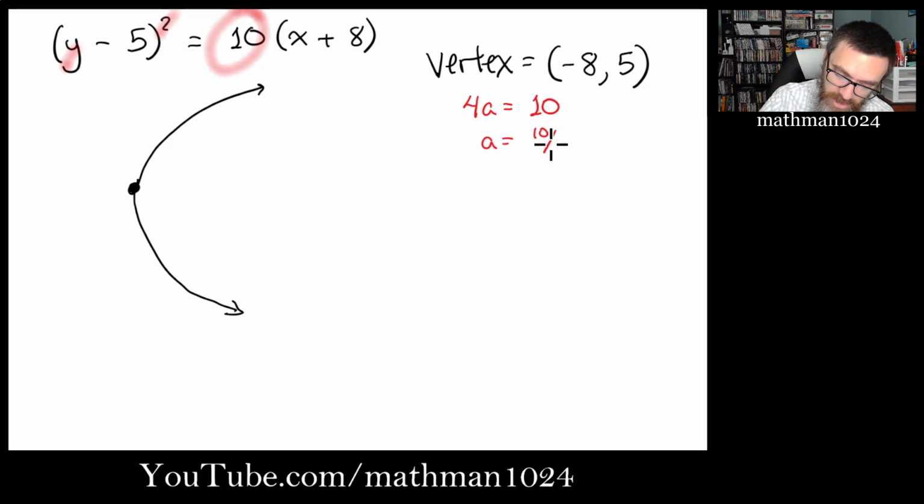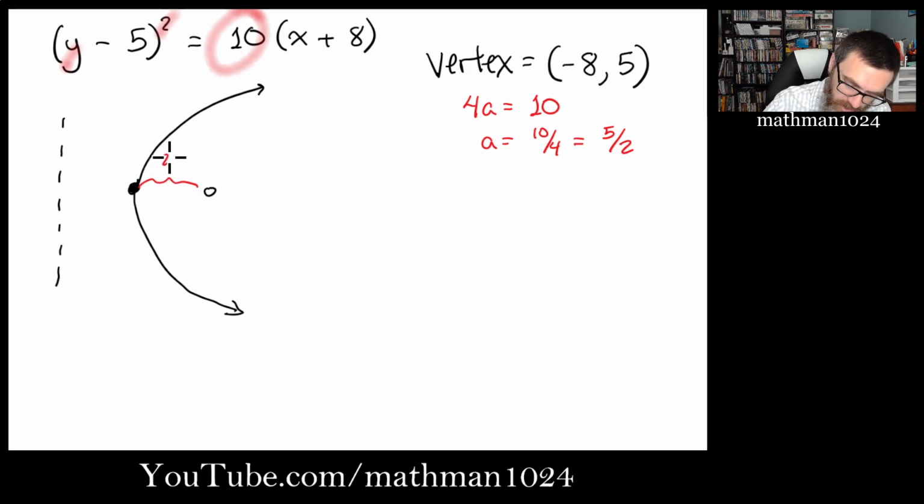A is equal to 10 over 4, which is 5/2, or 2.5. So that means with my focus here, my directrix there, the distance between these two will be 2.5 units.